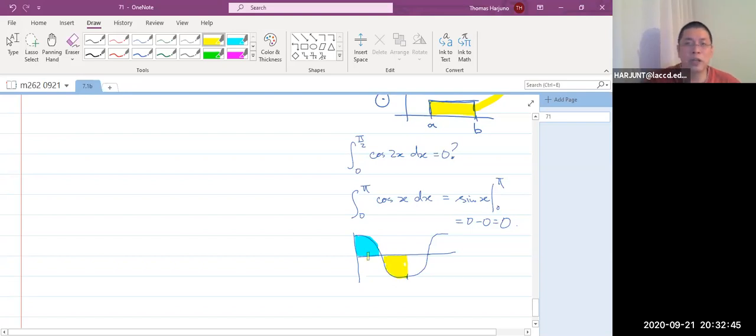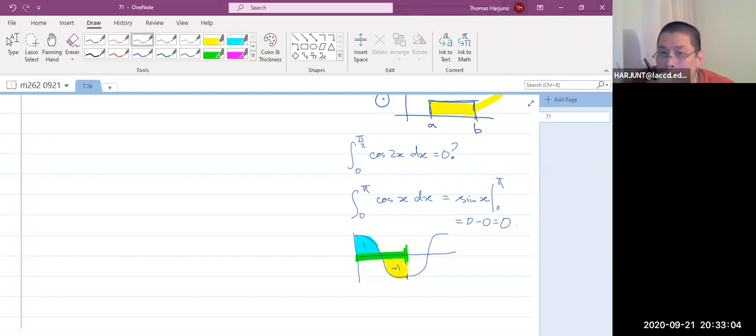So when you take the integral from 0 to pi of cosine x, it's supposed to be 0. In fact, if you compute that, the area here is 1, the area here is negative 1. So when you add them, it should be 0. Can you follow me so far?